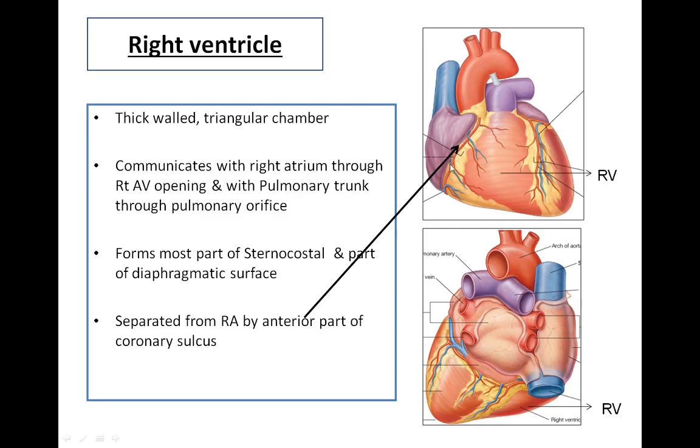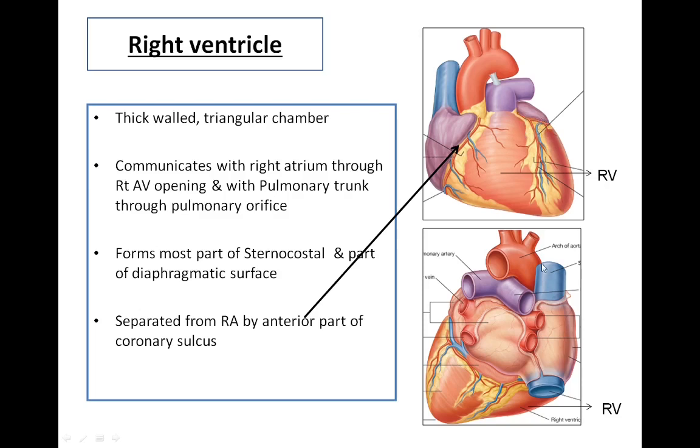It starts here, goes posteriorly, reaches the inferior border, then comes through the coronary sulcus obliquely on the posterior aspect, which divides the base of the heart from the diaphragmatic surface. Then finally it reaches the anterior aspect, which separates the left atrium and left ventricle. So this is the left part of the coronary sulcus.